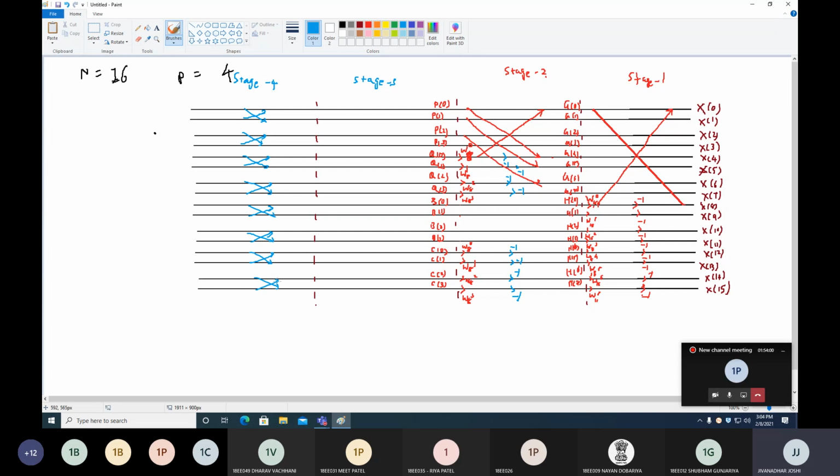How many butterflies in each stage? बोलो कितने आएंगे? 8. लास्ट स्टेज के अंदर 8 आएंगे, क्योंकि एक बटरफ्लाई कितने सिग्नल से बना हुआ है? एक ही सिग्नल से बना हुआ है. जबकि यहाँ ये बड़ा वाला बटरफ्लाई कितने सिग्नल से बना हुआ है?